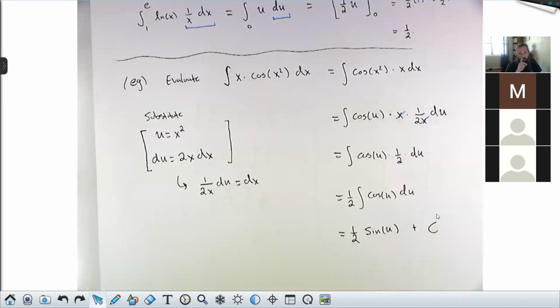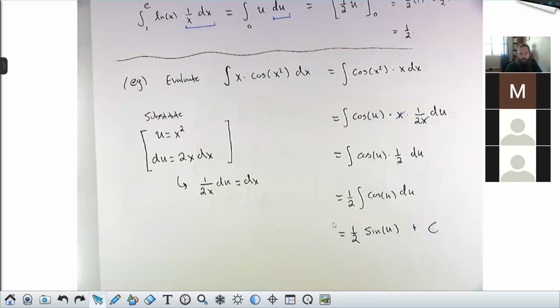That's one last thing to do. Again, this is a difference between definite integrals and indefinite integrals. If I handed you this problem and you gave me this answer without any of the steps in between, my big question would be, what the hell is u? I asked you about x's. That's for an antiderivative of x cos x squared. And you tell me it's 1/2 sine u plus c. I'm like, well, that's nice, but I don't understand how these are related to each other.